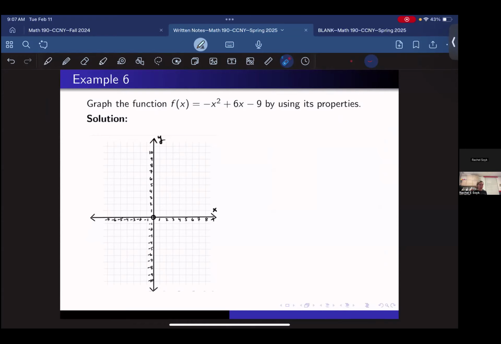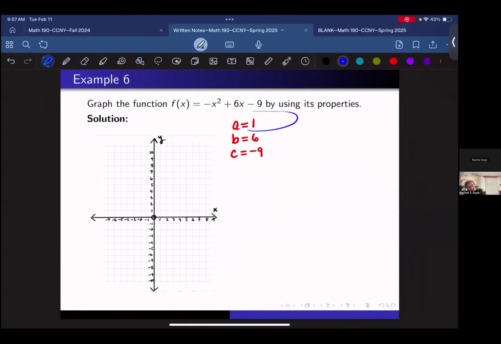So now let's look at example 6, and we're going to graph this quadratic function together. First step, our a is equal to 1, our b equals 6, our c is equal to -9. Really honing in on that a value because it is greater than 0, which tells us that it fans upward.